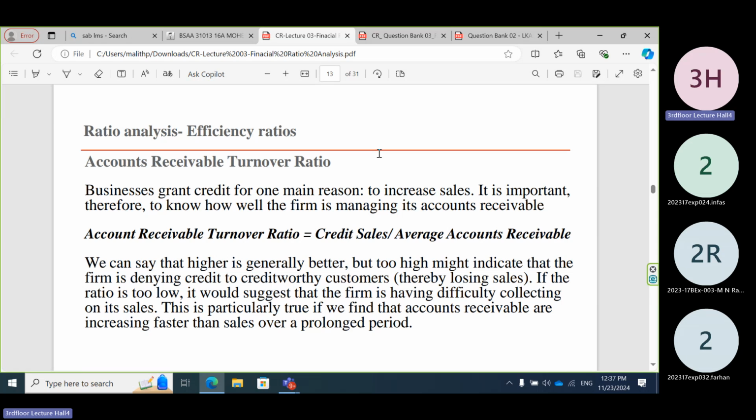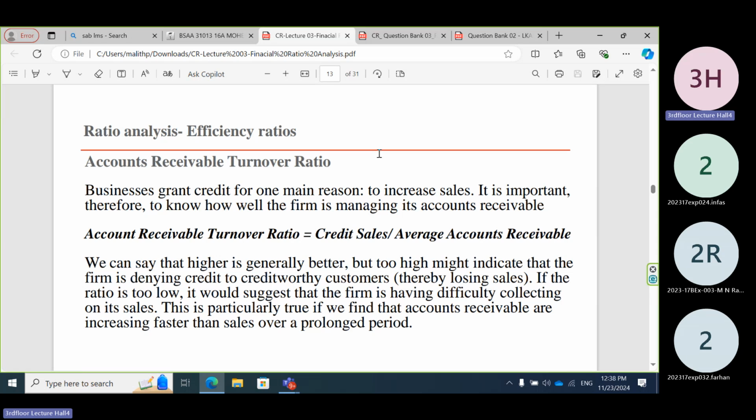It means comparing to our receivables, we do sales more than 9 times, about 10 times, right? So your credit sales are 1,000 and your receivable balance is 100. It means that during the period, you have done sales like 10 times your receivables.